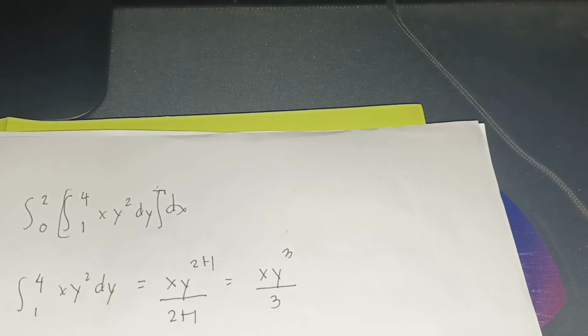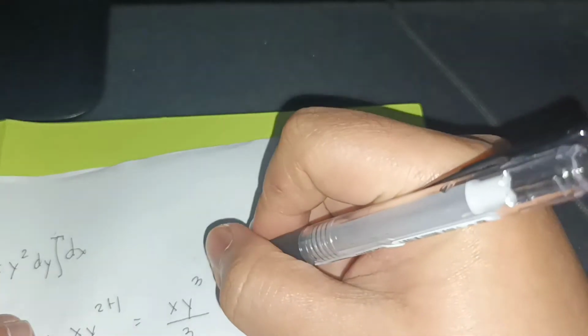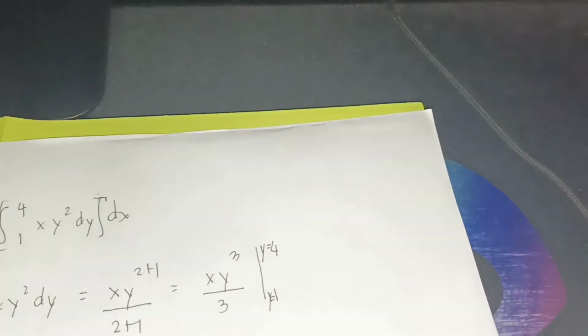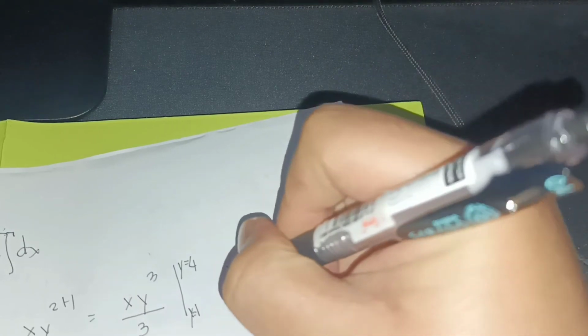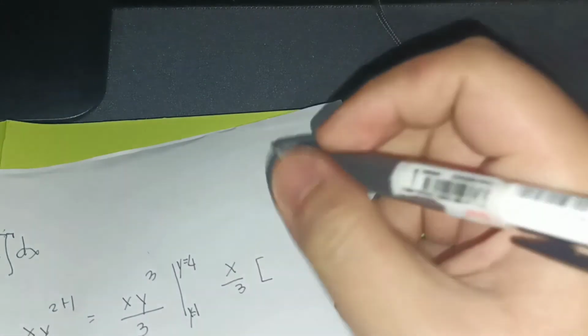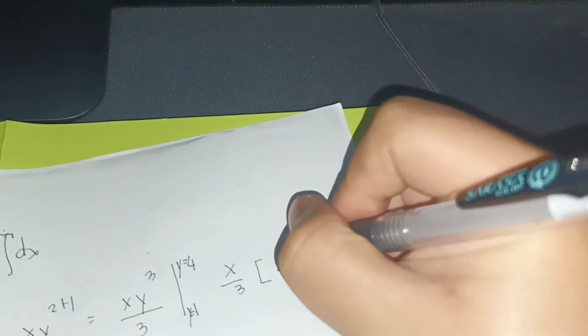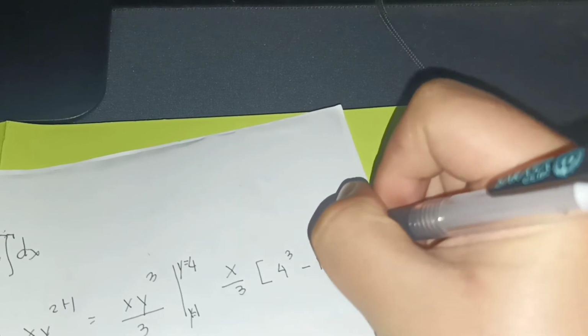And after that we will evaluate our limits, placing y here, and it will become x over 3, and then we just evaluate this, 4 cubed minus 1 cubed.